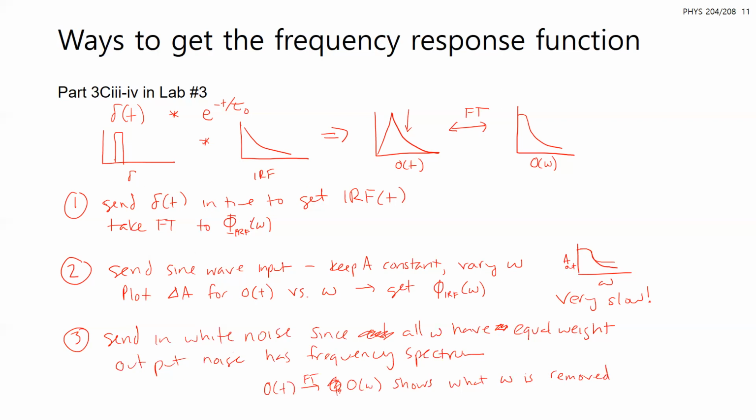So these are 3 different ways that you can get your frequency response function. In the lab, you'll explore all of those. And depending on your instrument, depending on what your setup is, some of these are easier to do than others. Okay, any questions with that?